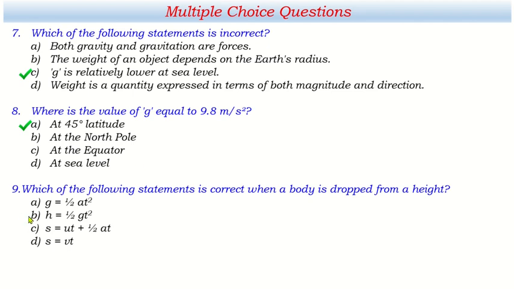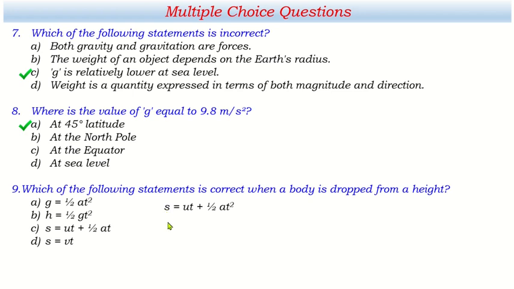Now I want to say that the correct option is B, S equal to half gt square. But how? You know that S equal to ut plus half at square. This is one of the equations of motion. If we are talking about a falling body, then it falls from a certain height. That's why S, this displacement, can be taken as height.